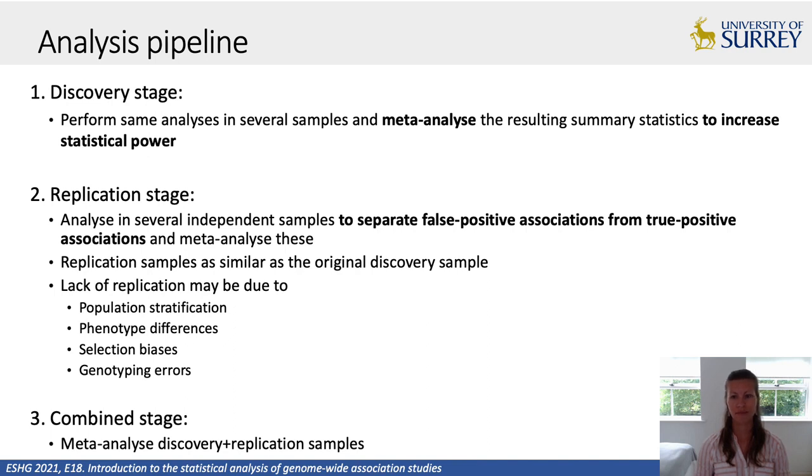And the replication sample should be as similar as the original discovery sample, so for example from the same ethnicity. And lack of replication may be due to unaccounted population stratification, some phenotype differences, selection biases, or genotyping errors. So genotyping quality control is very important. And in the end, usually the discovery and replication samples are meta-analyzed.